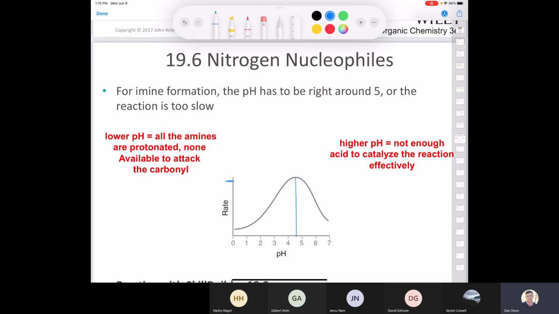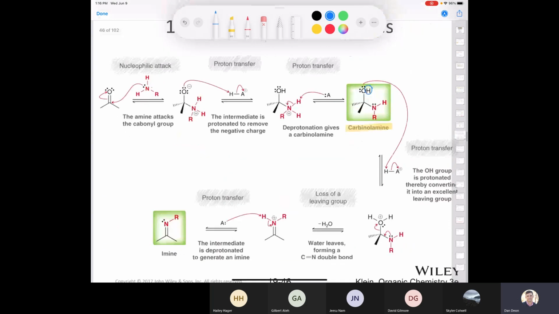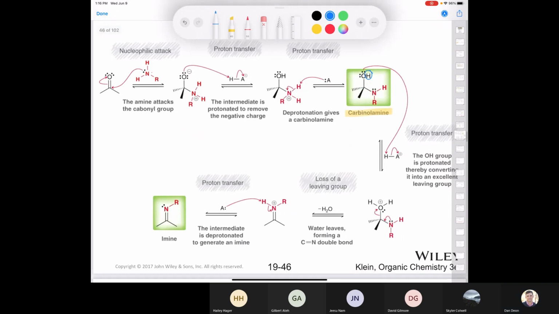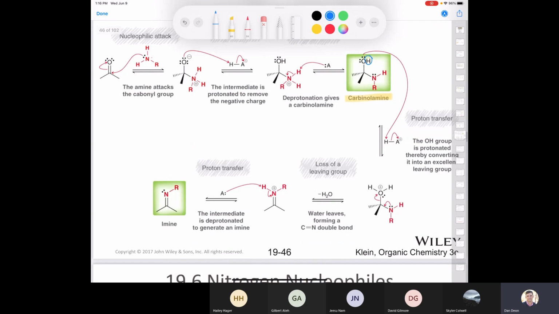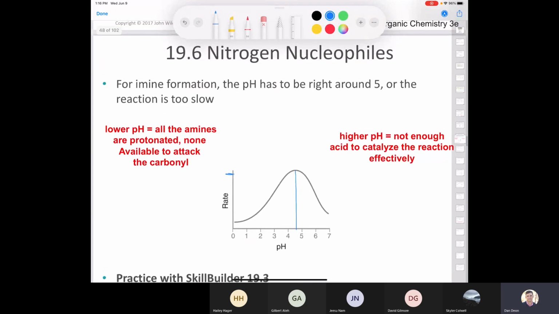And if you increase it too much, then it's going to be too basic. If it's not acidic enough, the reaction won't work. And of course, if it's too acidic, then everything gets protonated. So anyhow, there we go. That's really all you need to know.